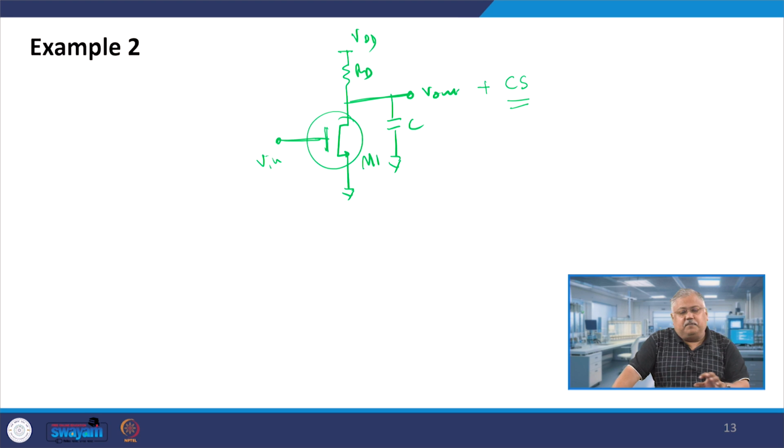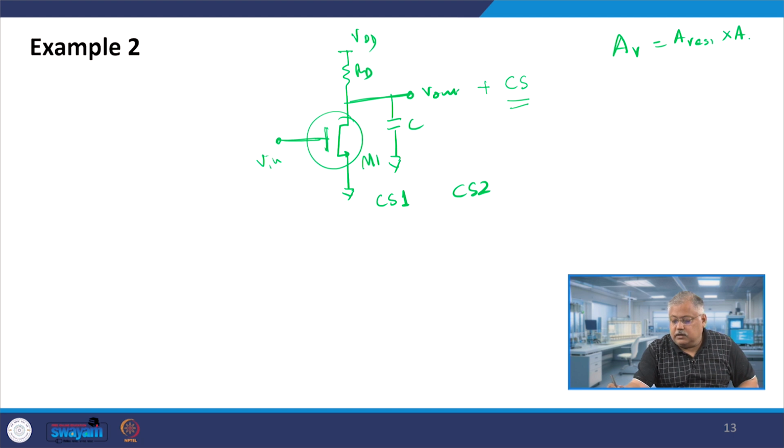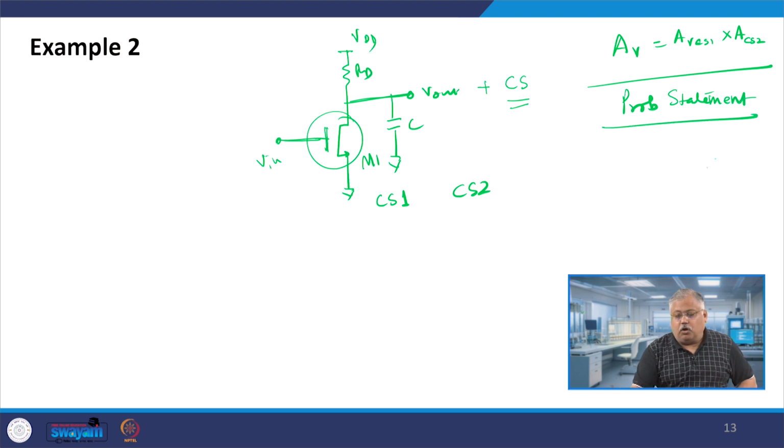The problem statement I am leaving you is, if this is the CS1 stage, can I add a CS2 stage to it such that the overall gain equals the voltage gain of CS1 multiplied by the voltage gain of CS2? You might look into various books or lectures, and you will be able to find the answer.